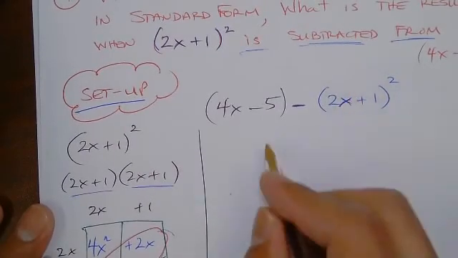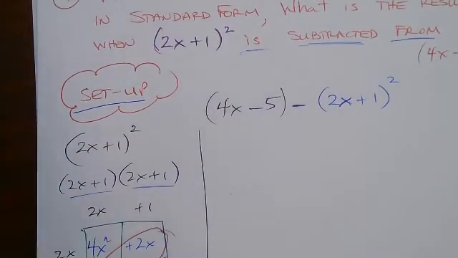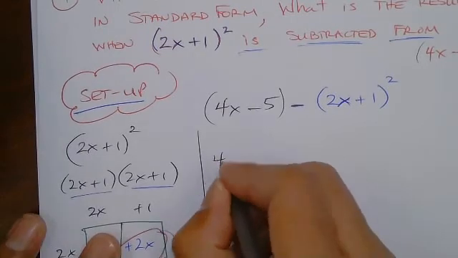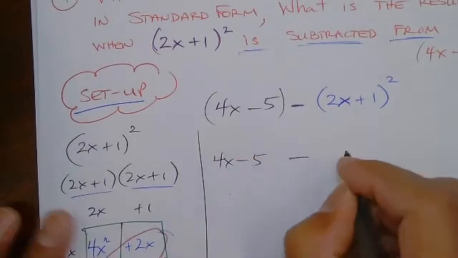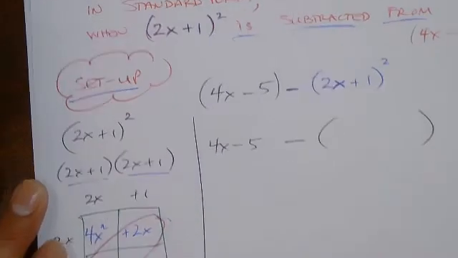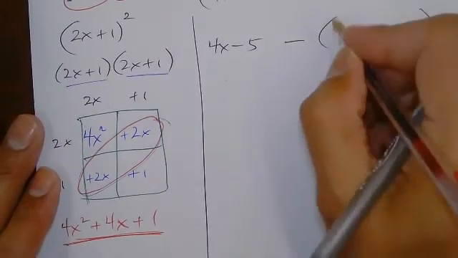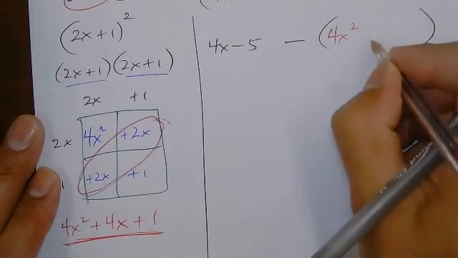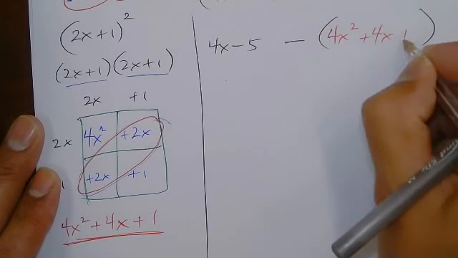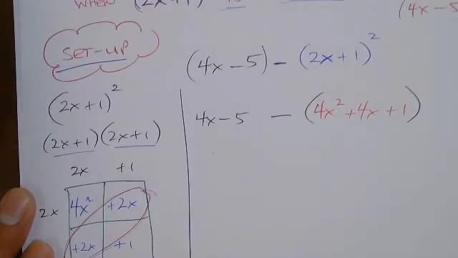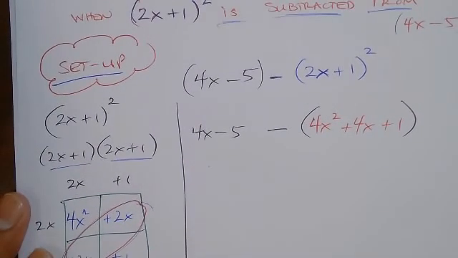That's the part that is going to replace this, isn't it? So really our problem here is going to be 4x minus 5 minus, but I still got to put this 4x squared plus 4x plus 1 in parentheses, right? Why do I have to put that in parentheses, everybody?